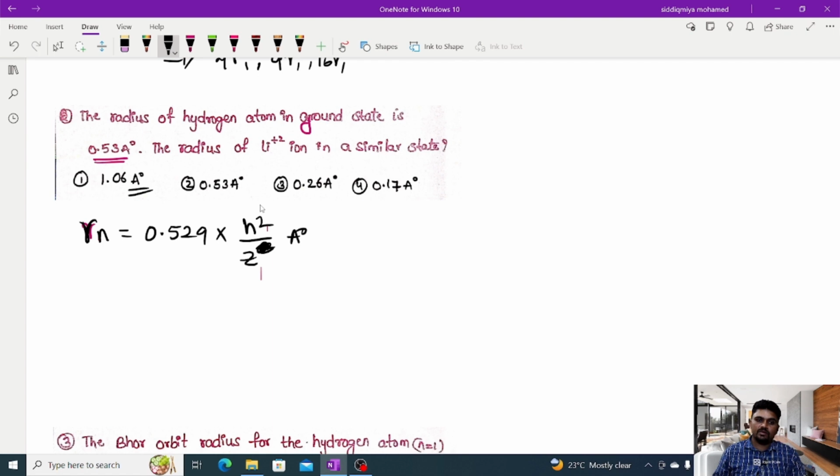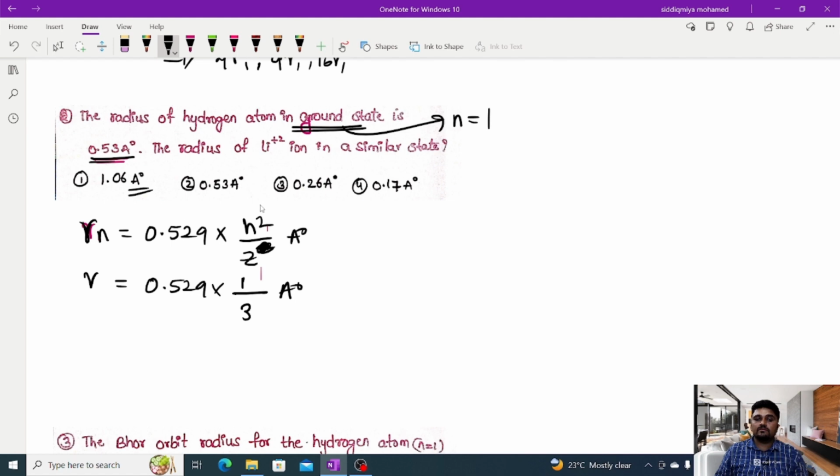We take angstroms because the answer is in angstroms. So R is equal to 0.529 into n square. The radius of the first orbit only, since it is the ground state, which represents n equal to 1. So the first orbit. What is the z value? Lithium, it is 3. So what will you get?